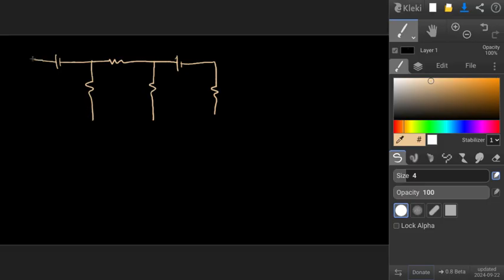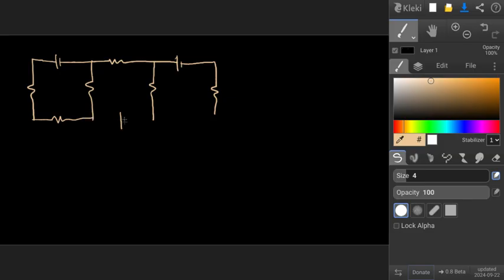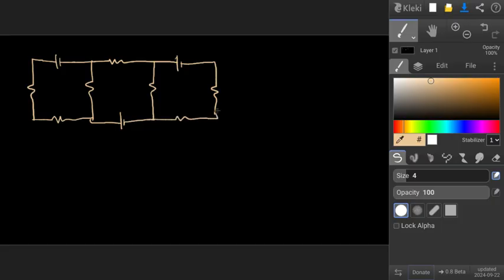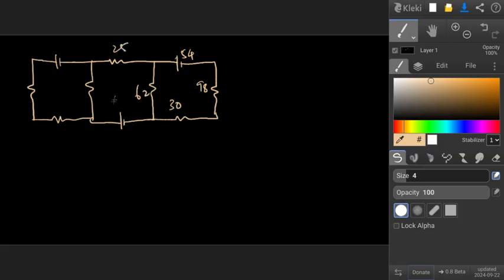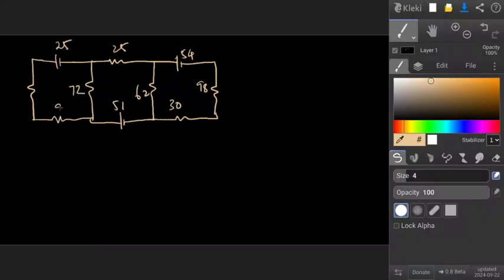So I'm drawing the circuit here. Sorry, that is resistance.